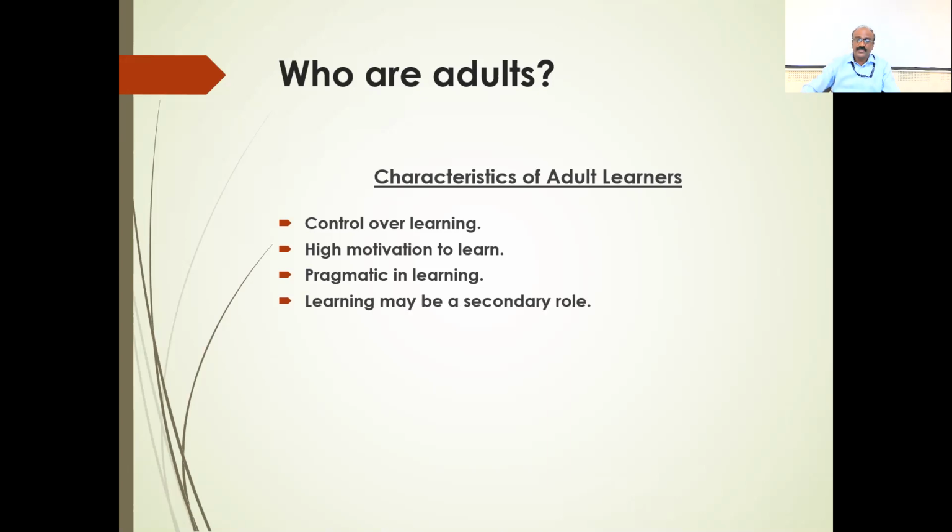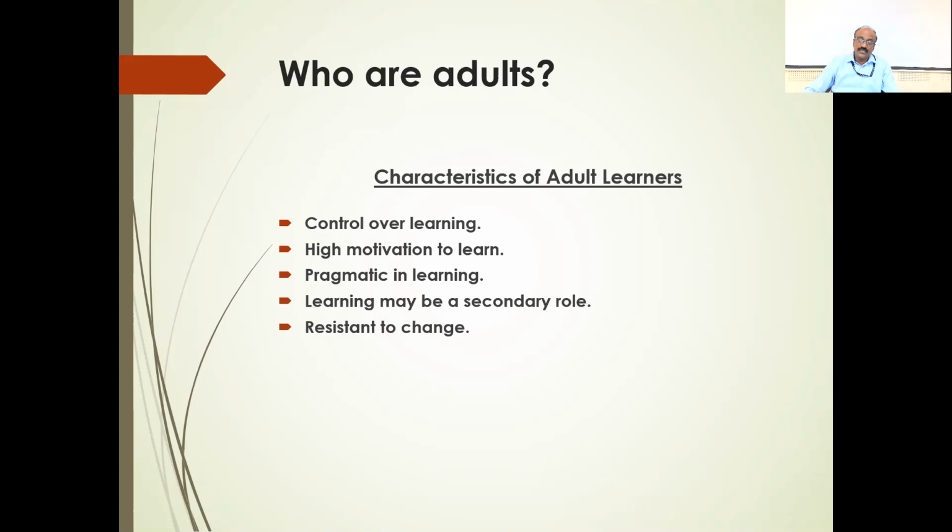Then the next characteristic of adult learners is learning may be a secondary role. For most adult learners, the student role is a minor or secondary aspect of their lives. Because of multiple roles, most adults have far less time and energy to read, study, or learn. Adult education programs require flexibility and more learning time.